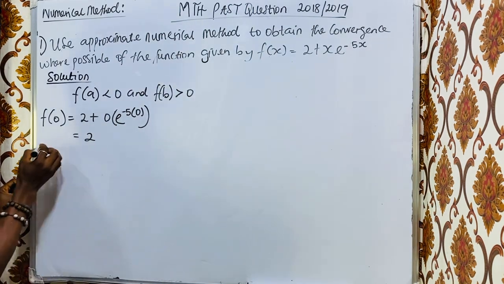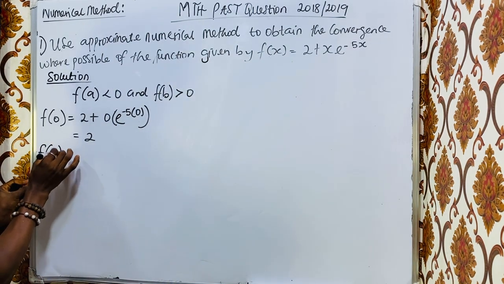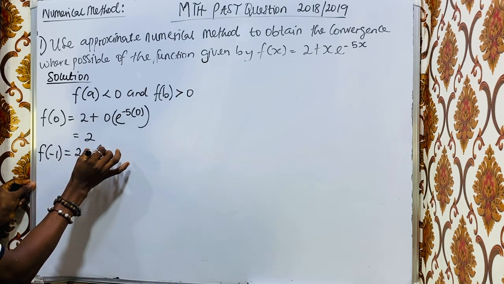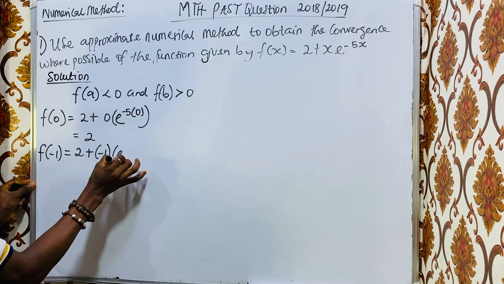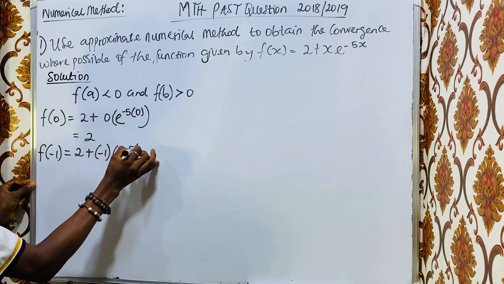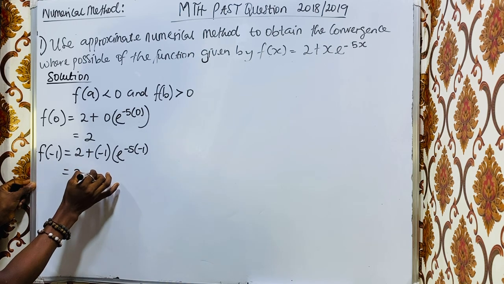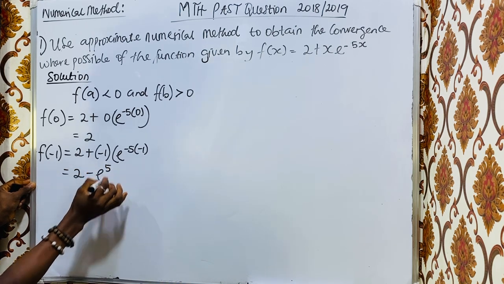So we are going to take x to be minus 1. It will be 2 plus negative 1 times exponential negative 5 times minus 1. So this will give us 2 minus exponential positive 5.